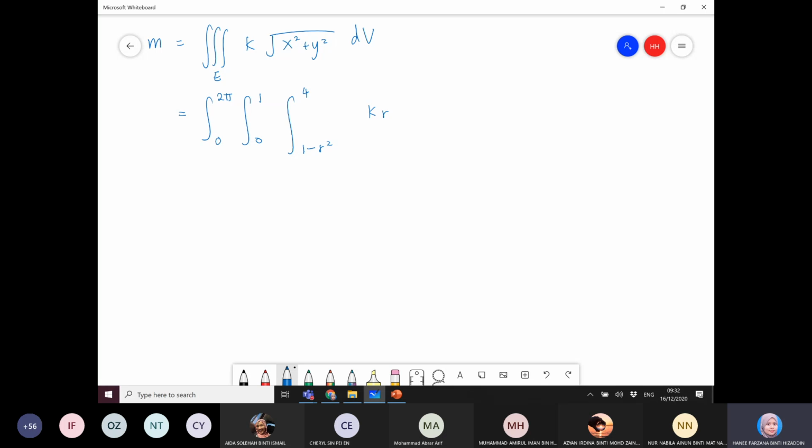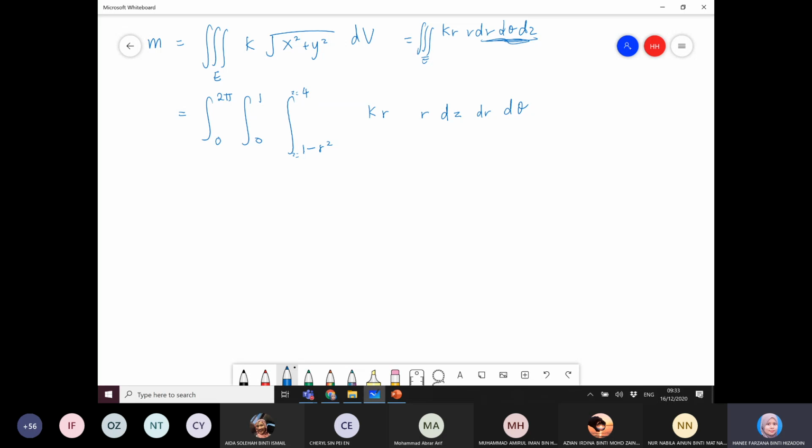Your function is k r, times the extra r. Now be careful of the order of the integration: we put dz first, then dr, and the outermost is d theta.